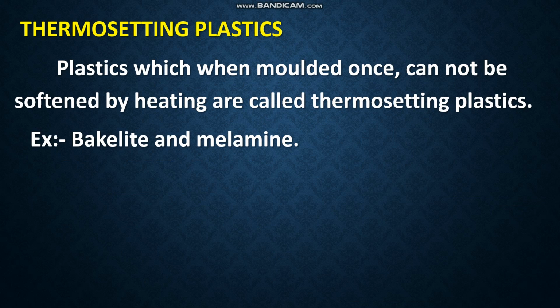Next we learn what are thermosetting plastics. So just opposite of thermoplastics. During its manufacture, once it is molded, again and again we cannot change its shape on melting. So plastics which when molded once cannot be softened by heating are called thermosetting plastics. Examples for thermosetting plastics are bakelite and melamine.